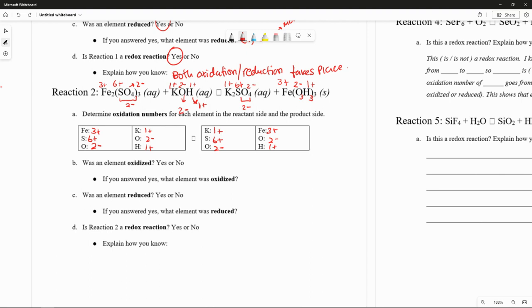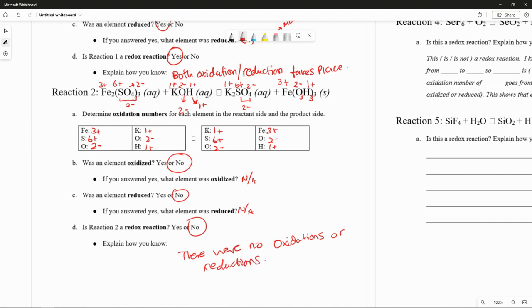So, is there an element that is oxidized? No. So we can just put a not available here. Was an element reduced? No, not available. And therefore, is this a redox reaction? No. Explain how you know. Because there were no oxidations or reductions.